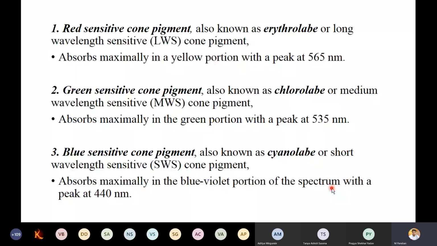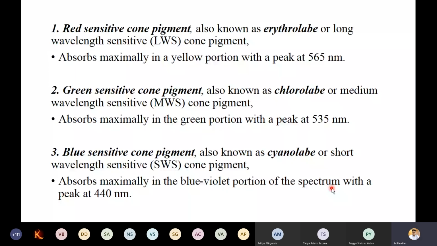Next is the green sensitive cone pigment, also known as chlorolabe or medium wavelength cone pigment, absorbs maximally in the green portion with the peak at 535 nanometer. The blue sensitive cone pigment, also known as cyanolabe, is a short wavelength cone pigment, absorbing maximally in the blue violet portion of the spectrum with the peak at 440 nanometer.